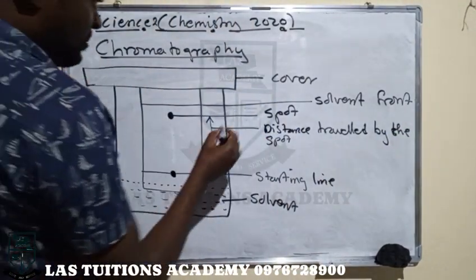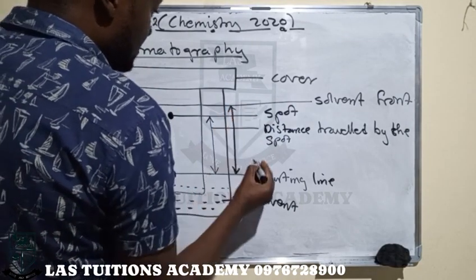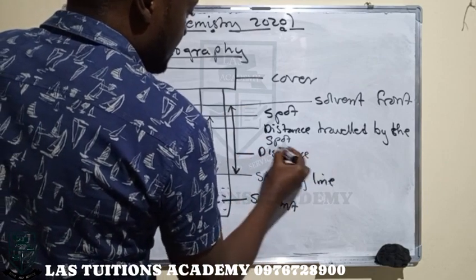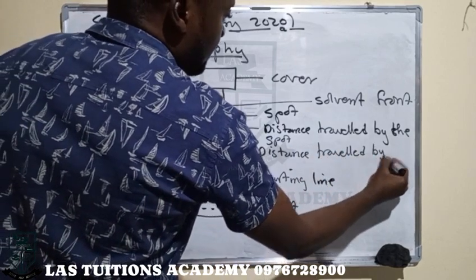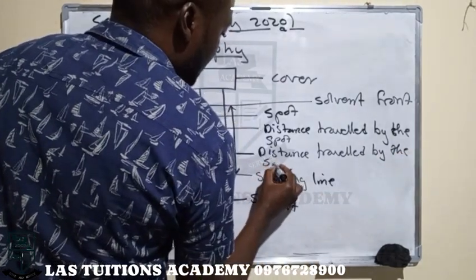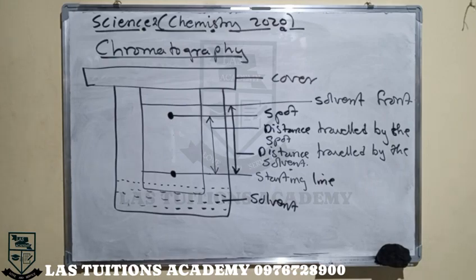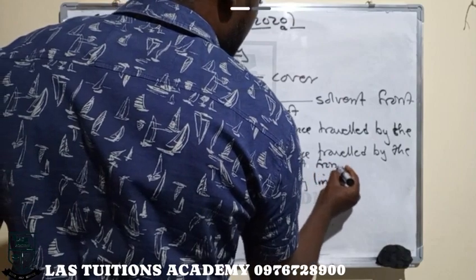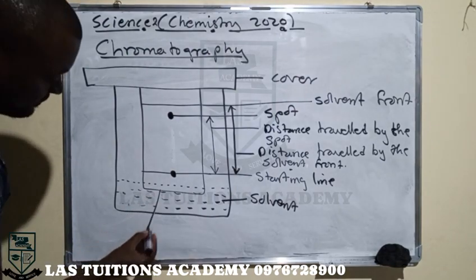You may still be wondering what that spot is. Then from here to there, this is the distance traveled by the solvent front. Now, what is happening here is, and I've forgotten this one, this is a filter paper.